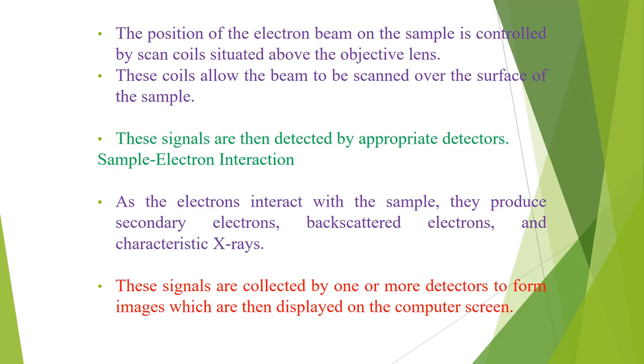As the electrons interact with the sample, they produce secondary electrons, backscattered electrons and characteristic X-rays. These signals are collected by one or more detectors to form images which are then displayed on the computer screen.